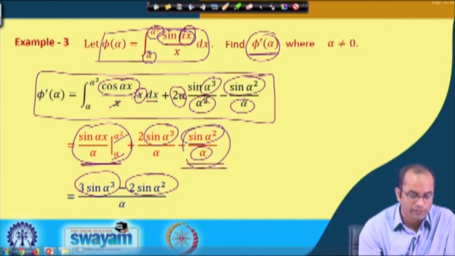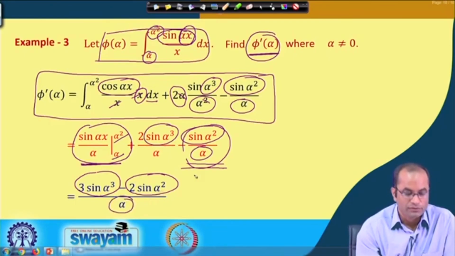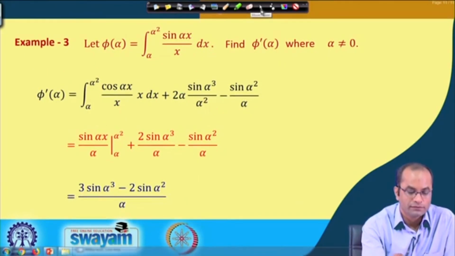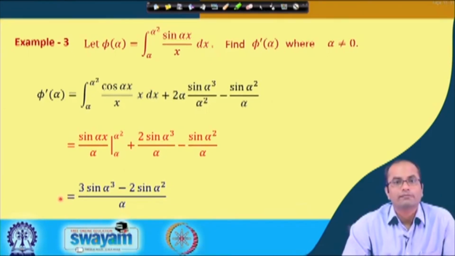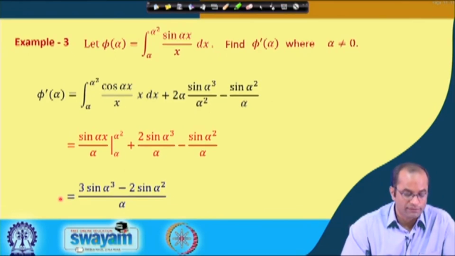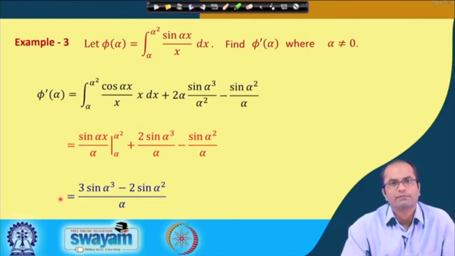So, this will become minus 2 sin alpha square divided by alpha. So, that is the value of this integral, 3 sin alpha cube minus 2 sin alpha square over alpha. So, this was the direct application of the Leibniz rule.